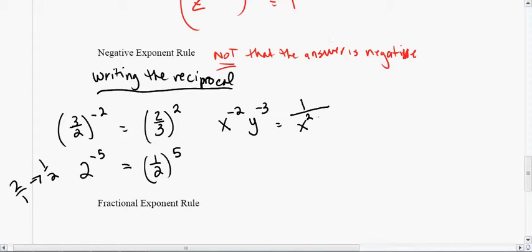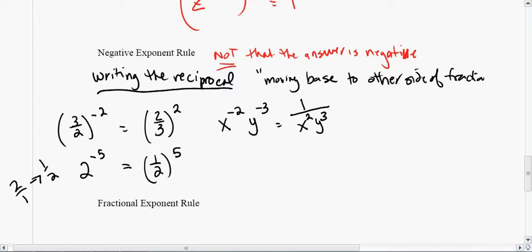And y to the -3 becomes 1 over y cubed. So I can also think about negative exponents as moving whatever the base is to the other side of the fraction bar.